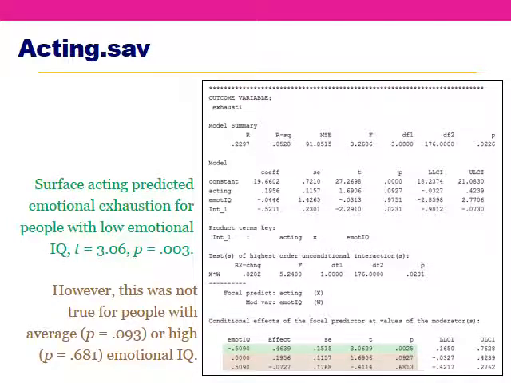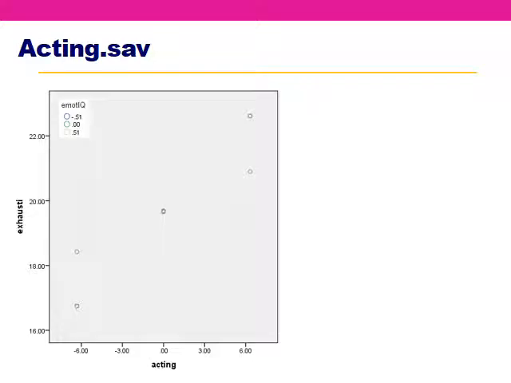However, for people who were either average or high in emotional intelligence, that relationship was not significant. So the interpretation here would be that engaging in surface acting is very exhausting, but only for people who are low in emotional intelligence. For people with an average or high amount of emotional intelligence, surface acting did not predict exhaustion.